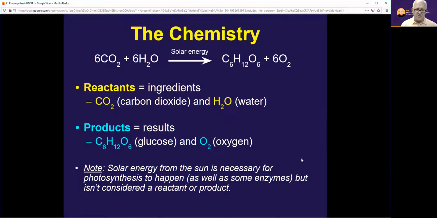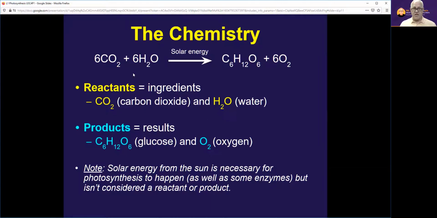Now, the solar energy from the sun is necessary for photosynthesis to happen, as well as a couple of other enzymes, but it isn't considered a reactant or a product. You might want to consider the solar energy like a catalyst or like an enzyme to help it have the reaction, but it isn't part of the reactant or the product.